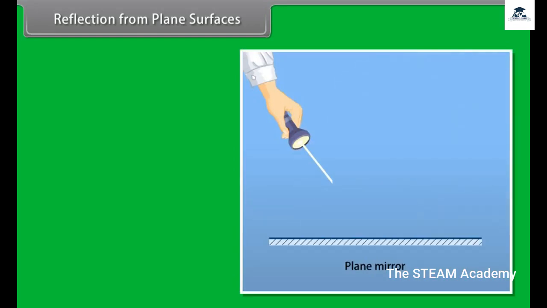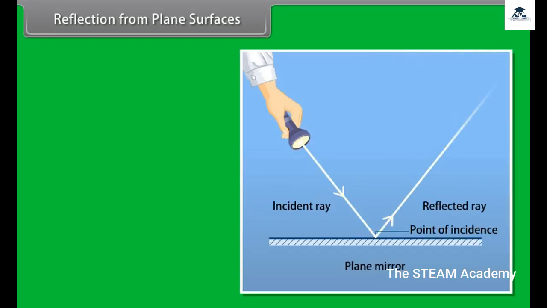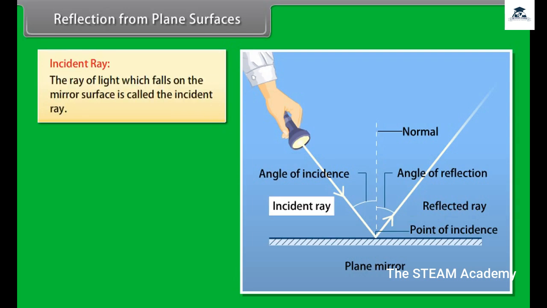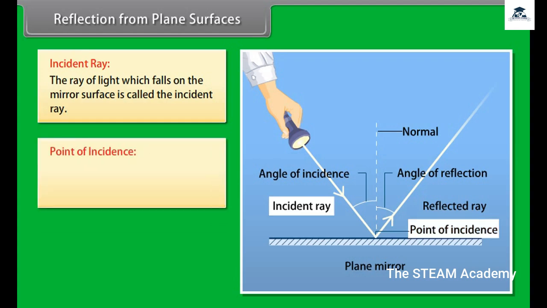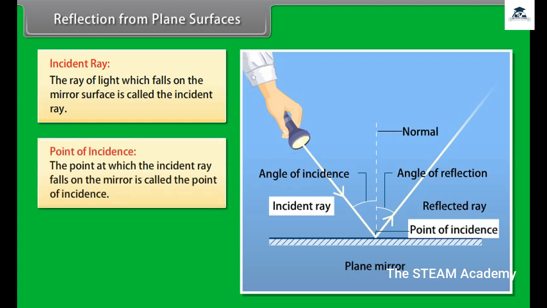Meaning of important terms are as follows to understand the figure. Incident ray. The ray of light which falls on the mirror surface is called the incident ray. Point of incidence. The point at which the incident ray falls on the mirror is called the point of incidence.